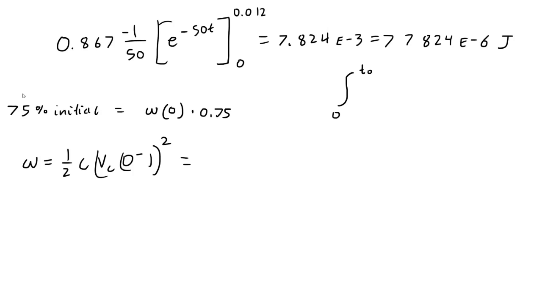102 squared. So 10,404. Let me do that one more time. 1/2 times 10/3. Okay, so I get 0.01734 joules. So that's how much energy is stored in the capacitor after it's been fully charged.